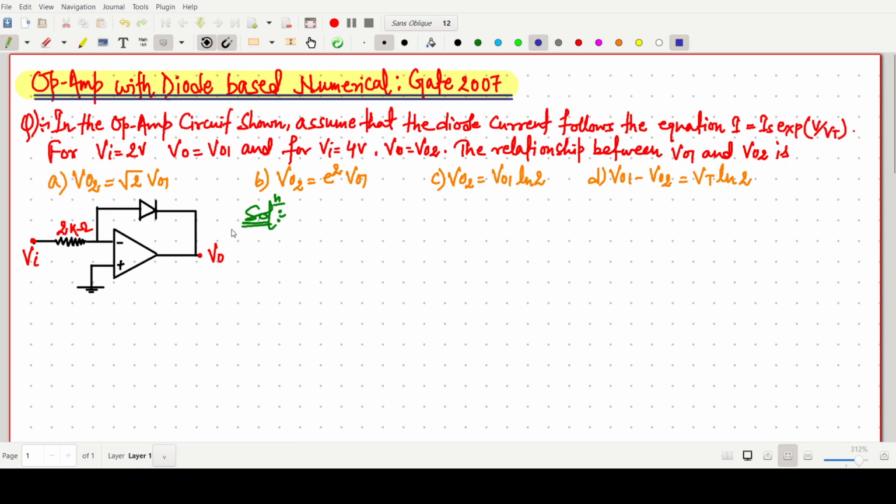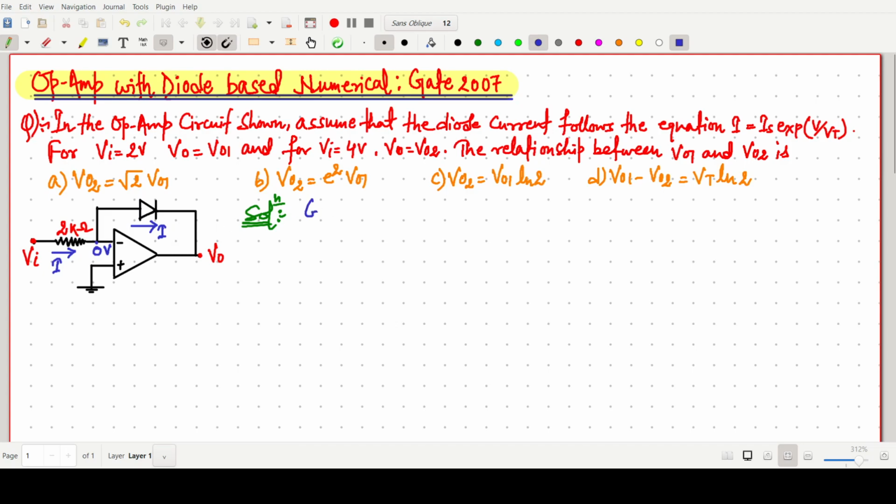In this case, this current is some current I, and this current will also be I, and the voltage at this point will be 0 volt due to the virtual ground concept. So the same current will flow in the 2 kilo ohm resistance and across the diode.